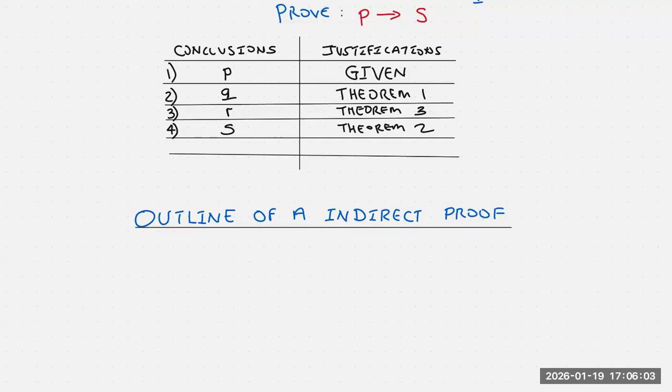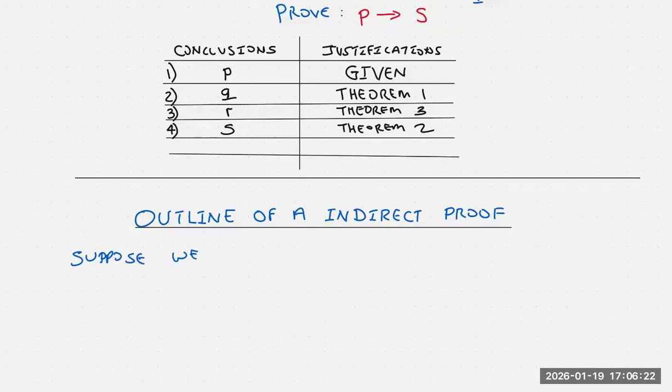All right, so we have done the direct. Let's do indirect now. So suppose we have some stuff again. Suppose we know these axioms and theorems here.